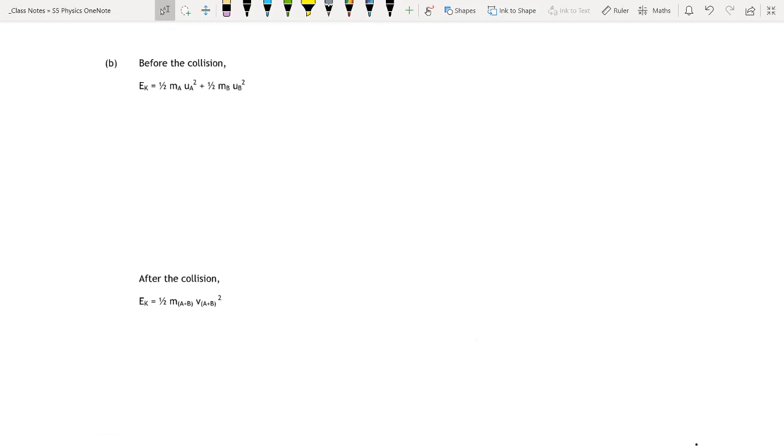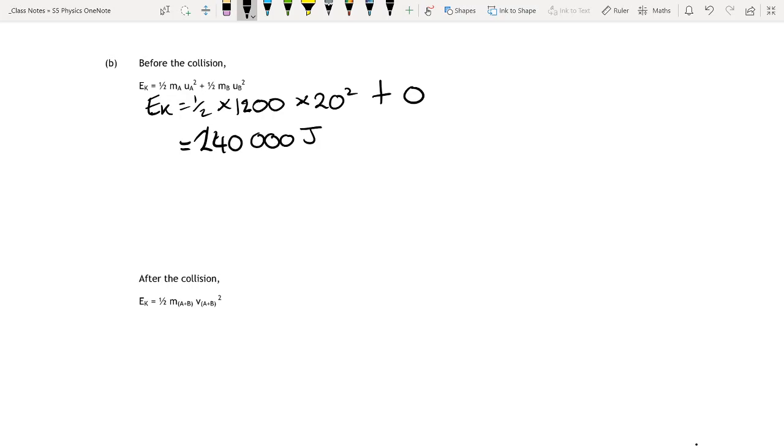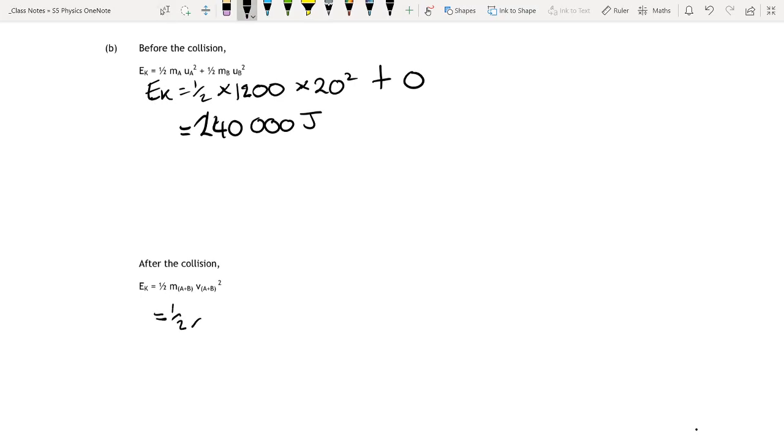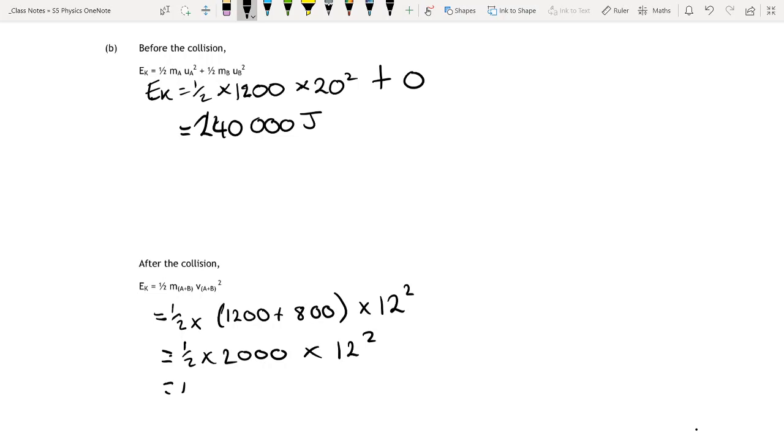So I'll just write it on the board, but while you do it as well, so we can check that we get the right answer. Have you got this written up here? Yeah.